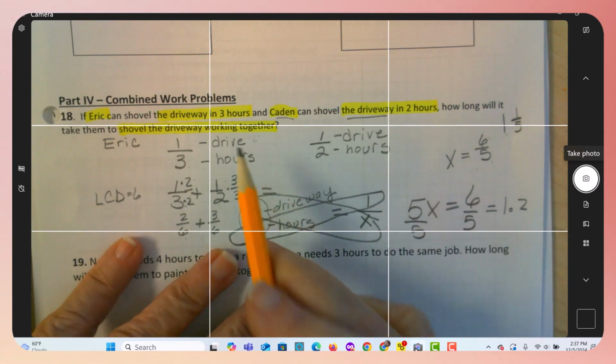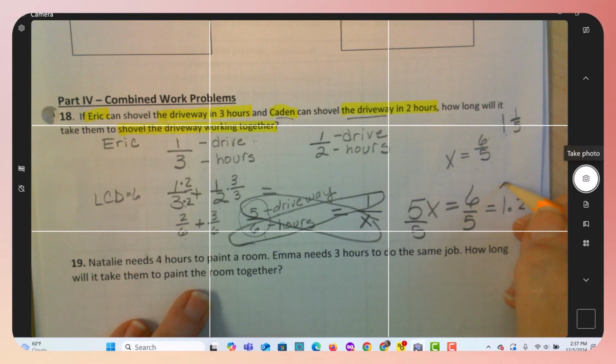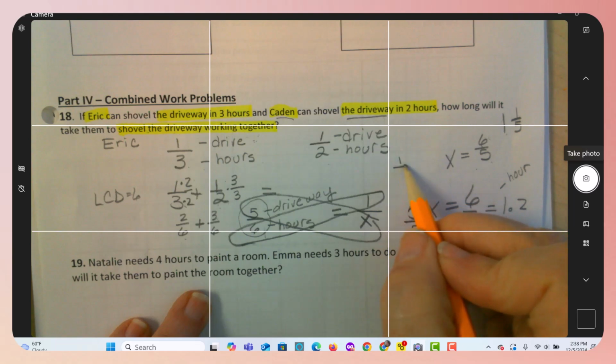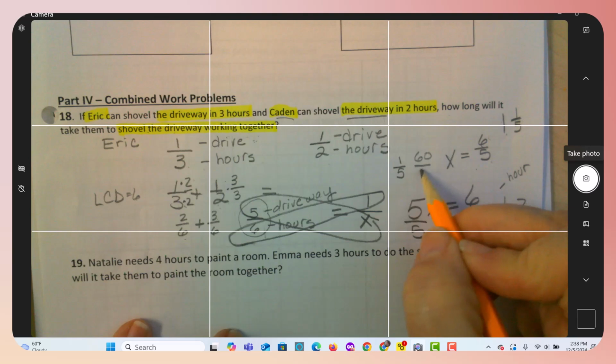Now, we still didn't answer the question, how long will it take them working together? So 1 stands for 1 hour, and then we're going to take 1/5 of how many minutes there are in an hour. There are 60 minutes in an hour.